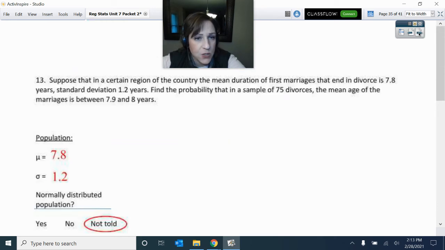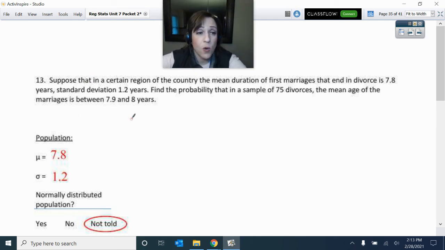Okay, and then this next one, we have a situation where we were talking about the average duration of first marriages. The average is 7.8 with a standard deviation of 1.2. We are not told that the population is normally distributed.